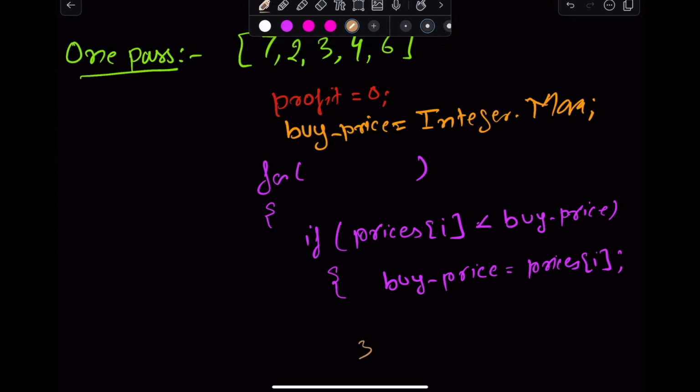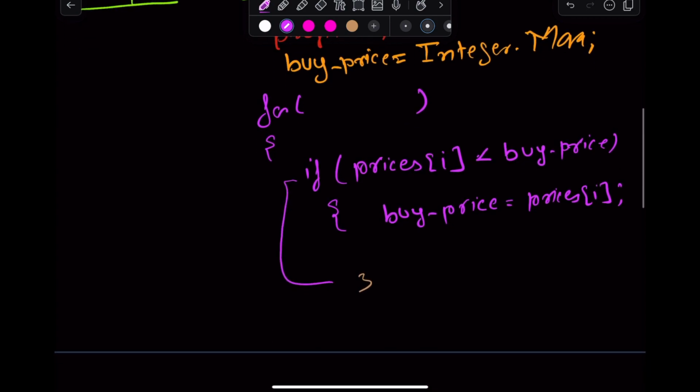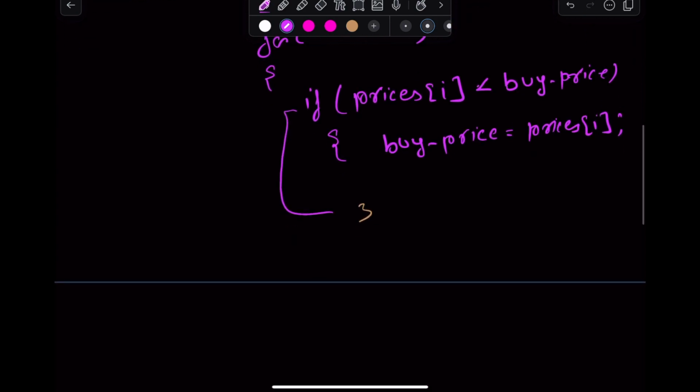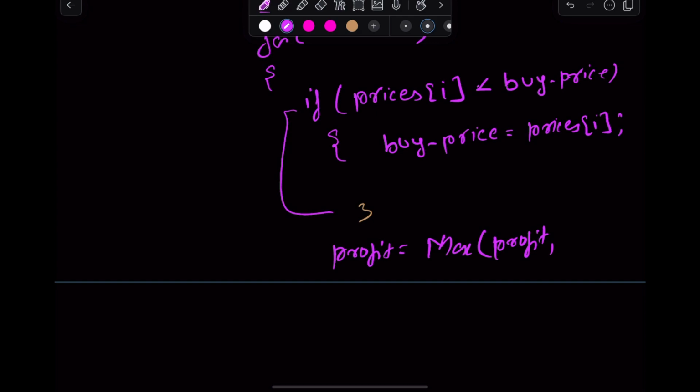Once you have the buy price, I mean once this condition holds true, then you check the profit. And how do you check the profit? You say profit is equal to max of the current profit and the difference between my current price and the buy price.